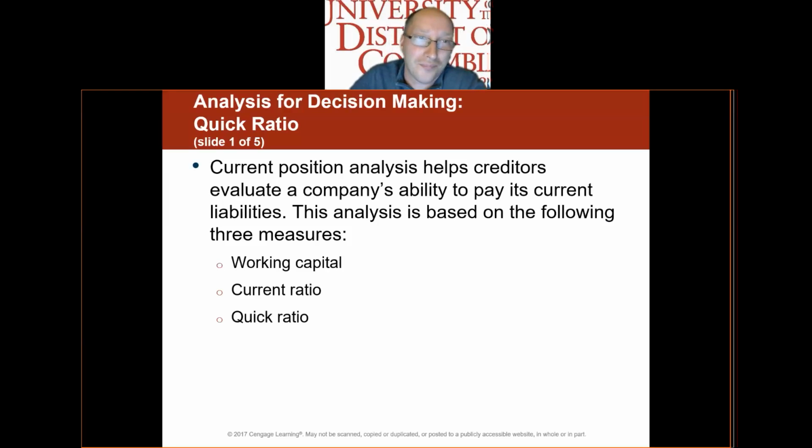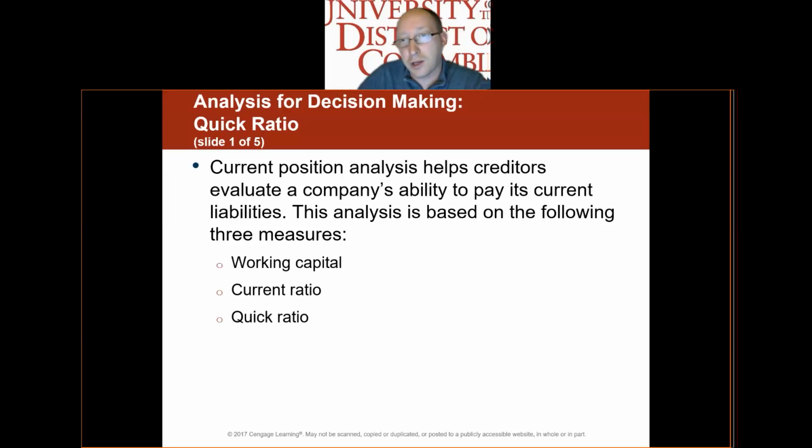All right, a couple of ratios to know. When we talk about liabilities, we need to understand the company's ability to repay those liabilities. In order to quickly do that, we run some ratios: the working capital ratio, current ratio, and quick ratio.